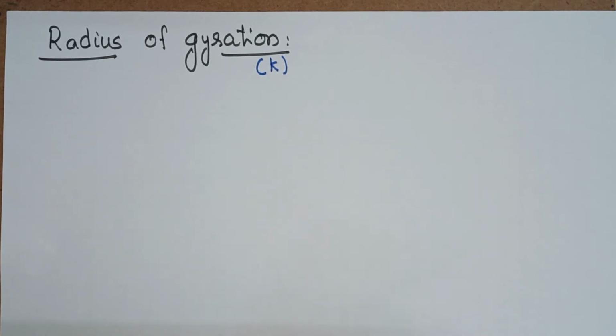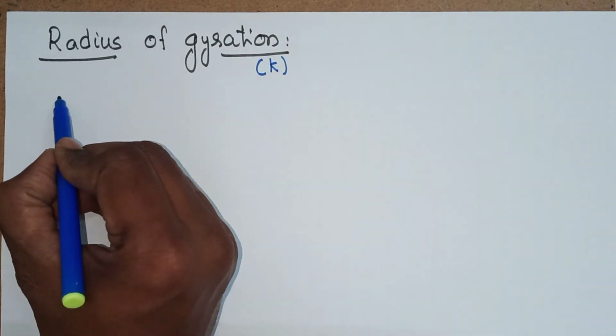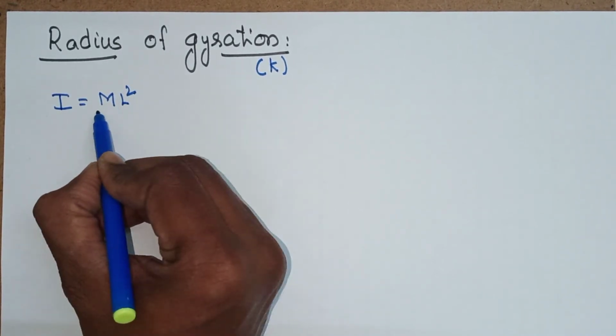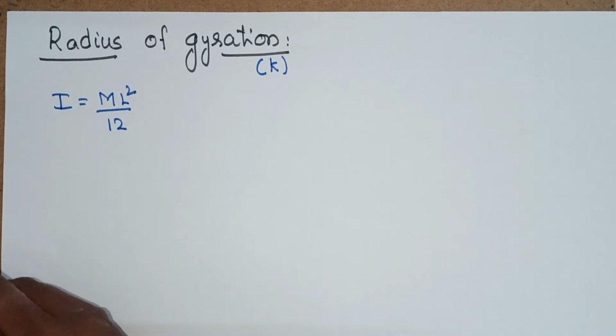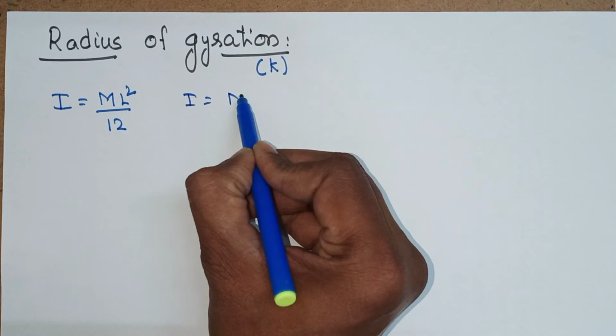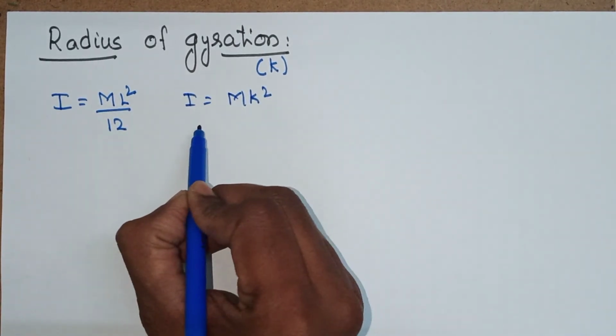In the last session, the last topic was the 9 simple geometries. If you consider a simple slender rod of length L and mass m, then the moment of inertia I, we have seen, is m L square by 12. Now I am writing a general term, I is equal to m k square. How to write k here?